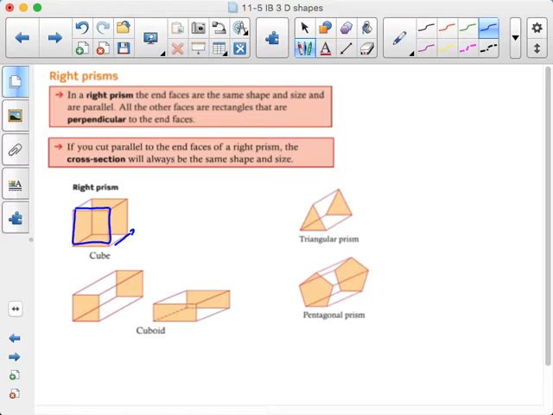In the cuboid, you could have another square that you're stretching even more, or you could have a rectangle on one of your faces that you're stretching, right? A right triangular prism obviously is a triangle that you are stretching, so to speak. It's like a Toblerone, right? Like that chocolate box. Pentagonal prism, you have a pentagon that you are stretching.